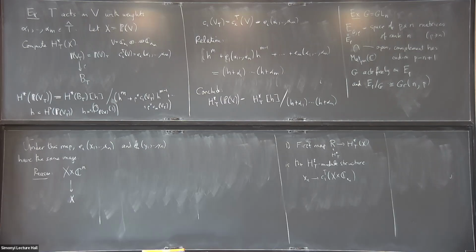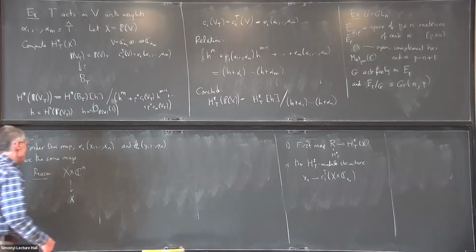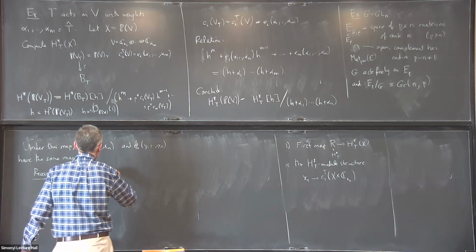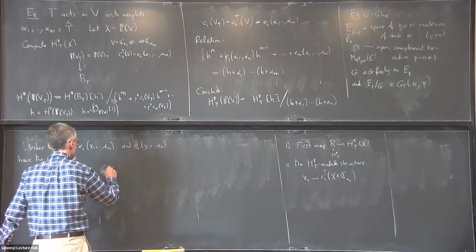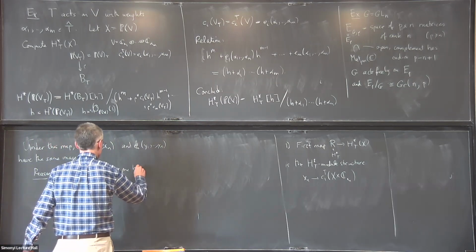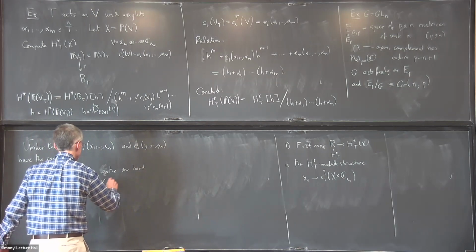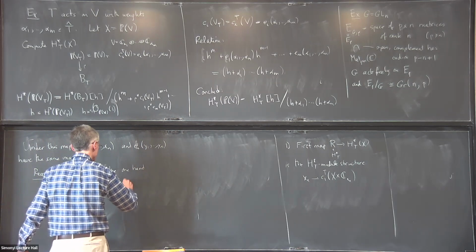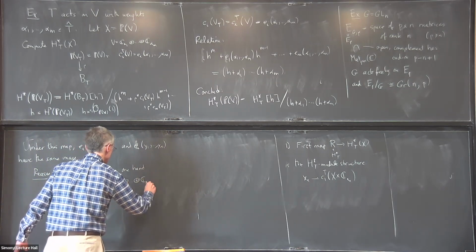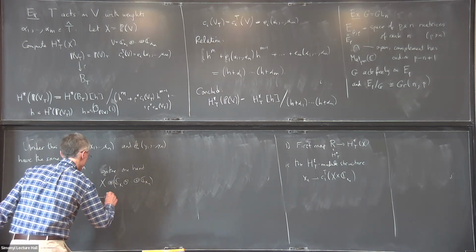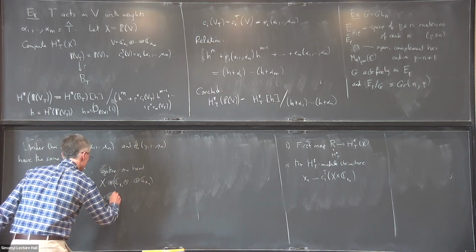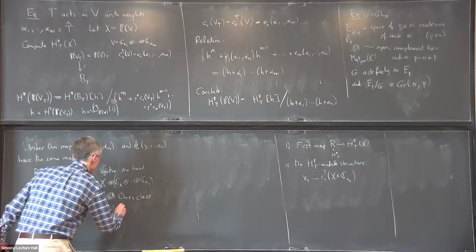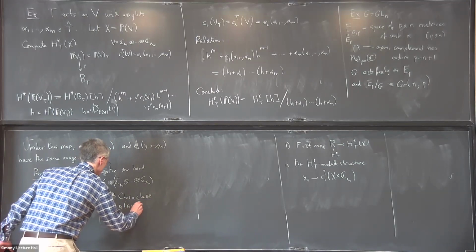On the one hand, it's X cross C_x1 plus up to C_xn. So the ith Chern class is e_i of x1 up to xn.